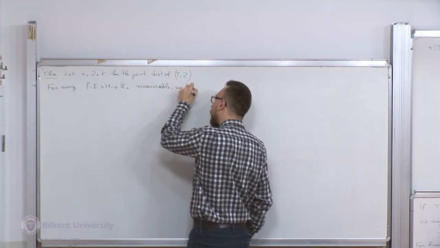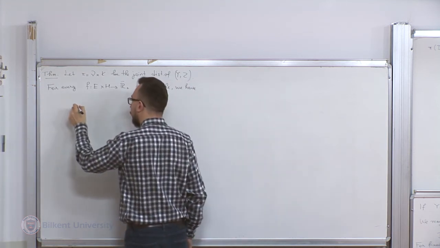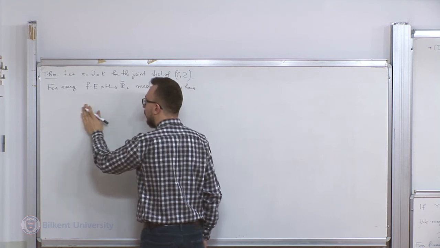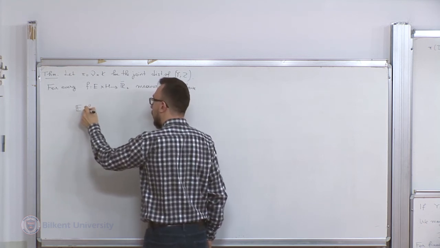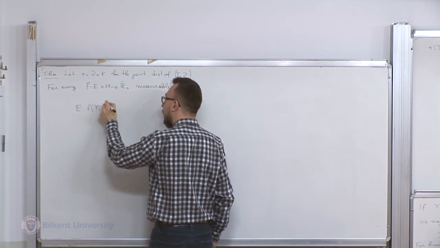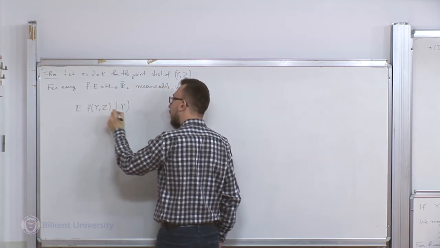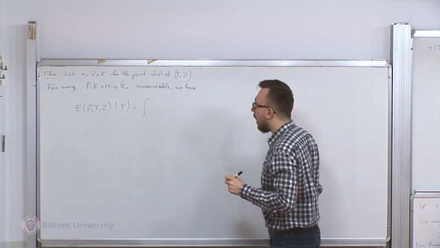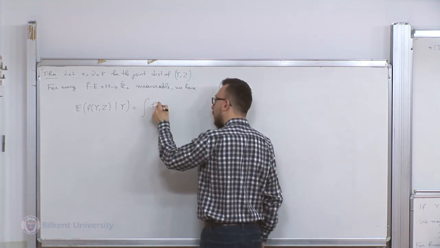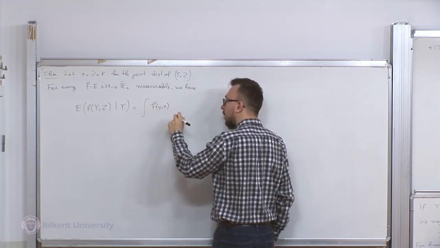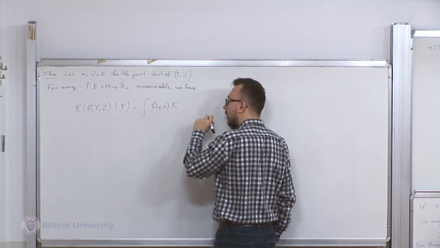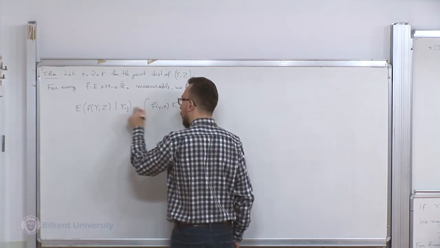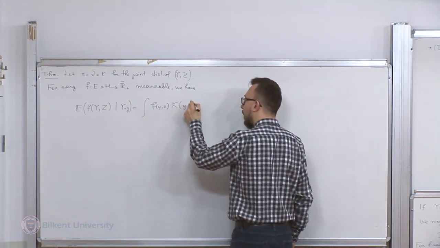we have that, let's say, f of Y, Z given Y can be calculated using the kernel, the integral of f(y, z) k(y, dz).